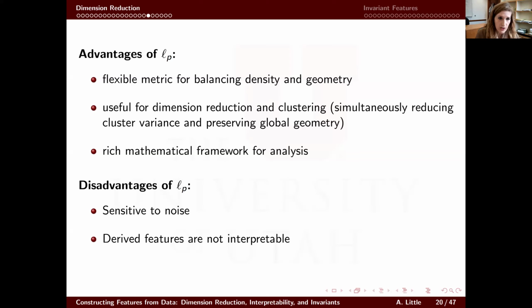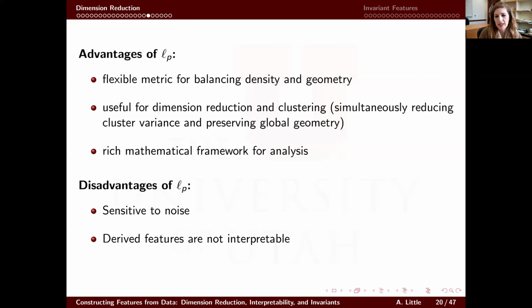But there are some disadvantages. It can be sensitive to noise because you're computing things from a single best path through the data. That's more the case as you take p large than p small, but that's certainly a consideration.